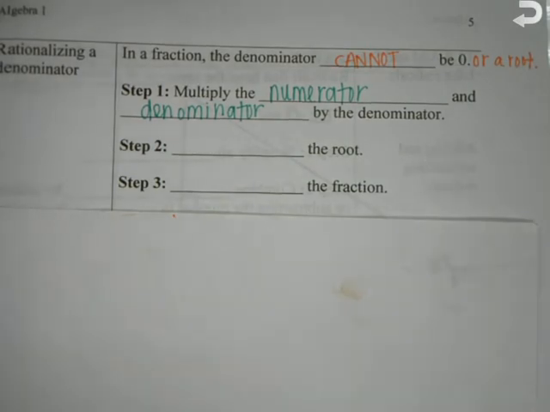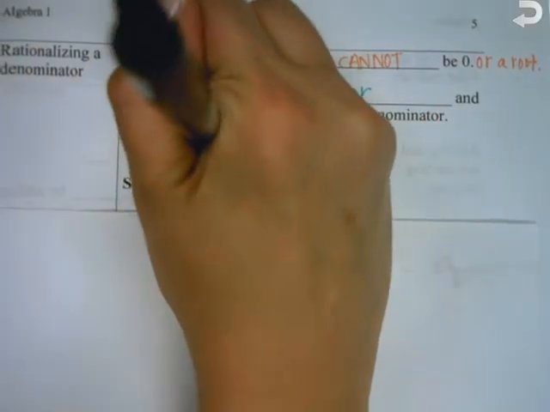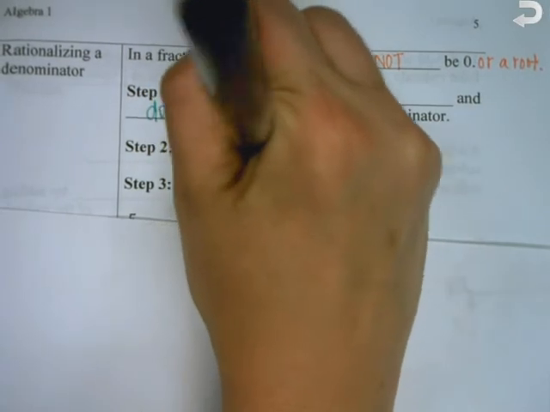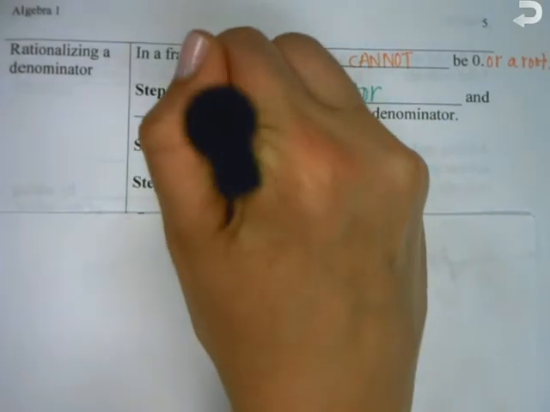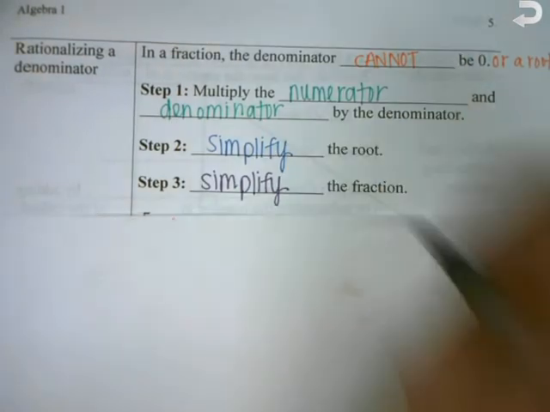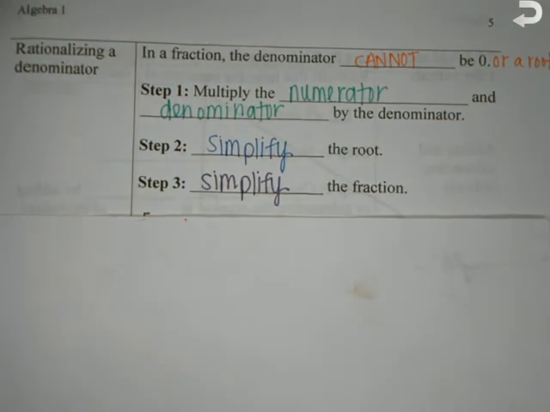Then we are going to simplify the root and then simplify the fraction. This is going to make everything work out really nice for us. Okay? So it's not as complicated as it sounds.